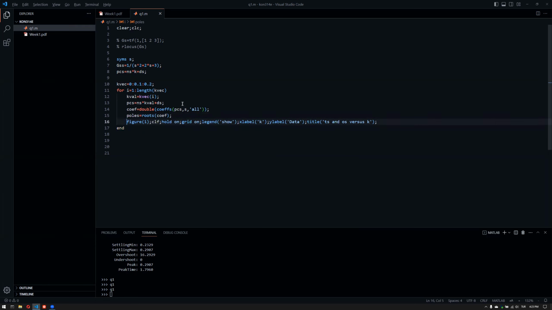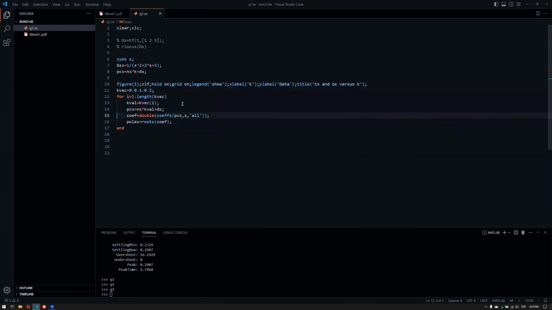Now, how can we plot these poles on a certain plot? Well, let's get rid of the legend here. The x-axis is going to be sigma, basically the real part, and the y-axis is going to be j omega, and this is going to be the root-locus plot.